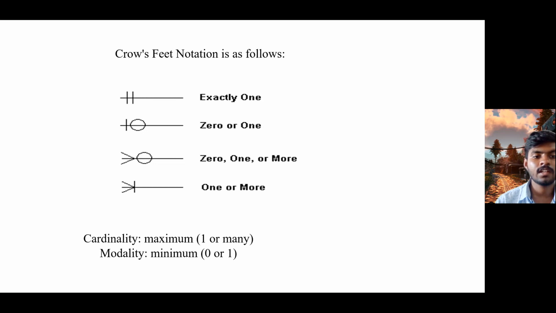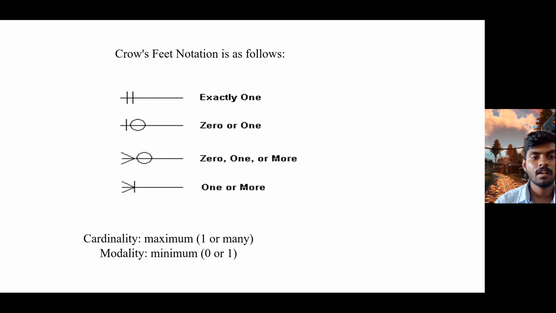And if we draw this line between two entities, it means one or more. For example, if we take one person and a number of items, and draw like this, one or more persons take this item.